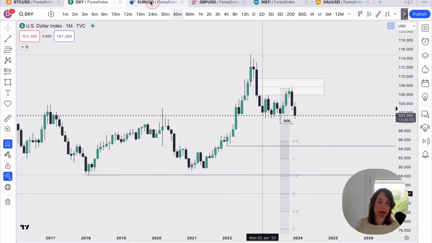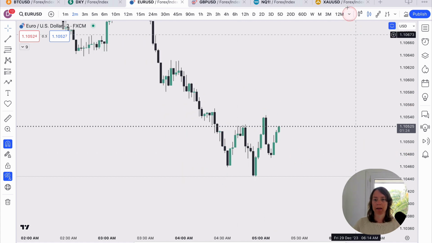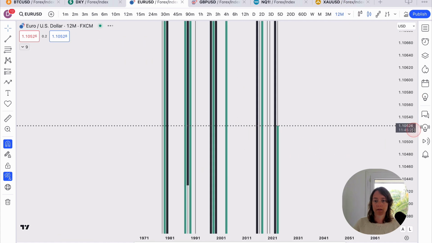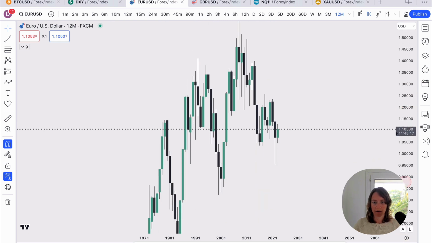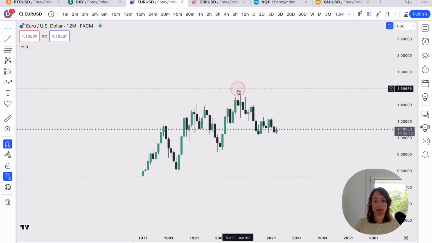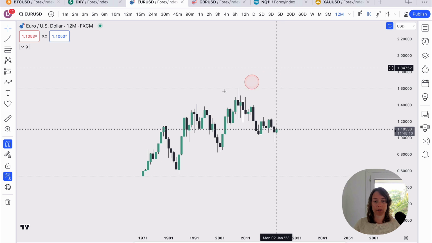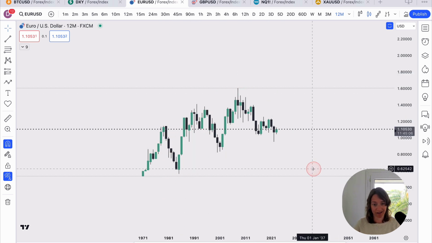And that would be really nice, because then we can have a yearly bigger bias on euro dollar, which is bullish. So let's go to the yearly chart of euro. We have a really nice up closing, really nice bullish market structure, right?